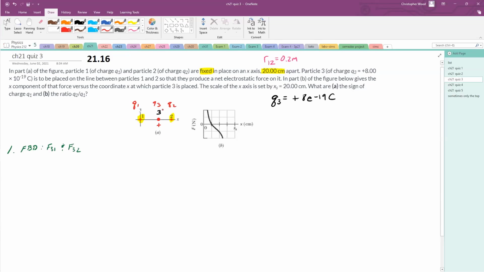So one of the things I can't help but notice from the graph is this point right here.